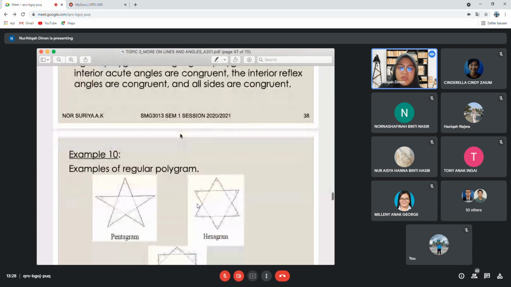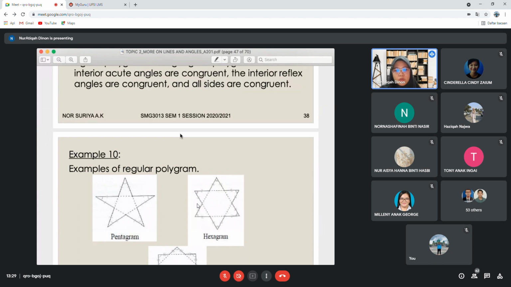So as for now, any question? We have polygons, several types of polygons. We have several theorems and corollaries that give us equations to find the summation of angles and so on.